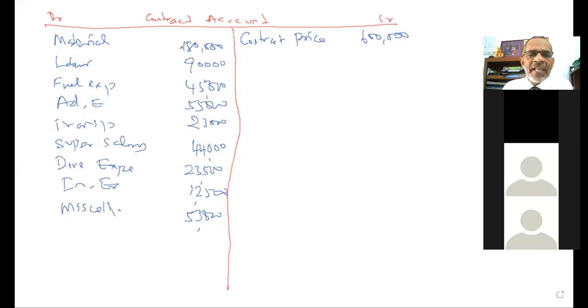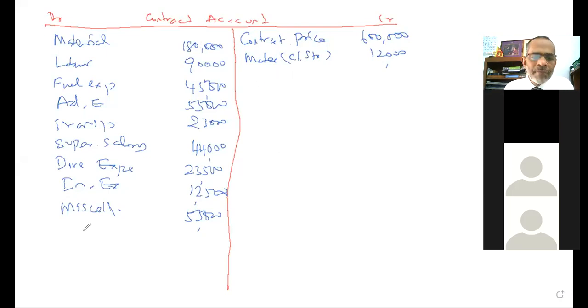Therefore, if there is any material brought down, it would be recorded in the credit side. Therefore, I am writing here material closing stock of 12,000. Got the idea? This 12,000 was not used. Why should we keep it in 180? It would be taken out.